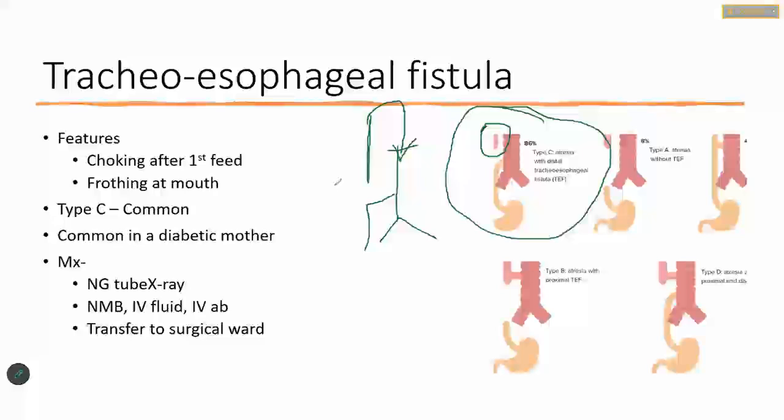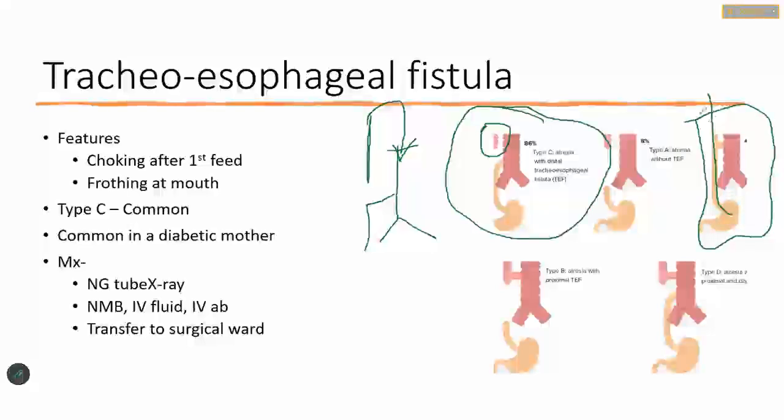Usually it happens in the tracheoesophageal fistula, but there are some other types of fistula. It may be missed in the initial period of life and present at a later period of life. Sometimes there's a small chance it may be missed initially, because when we insert the food, it can go directly into the stomach.